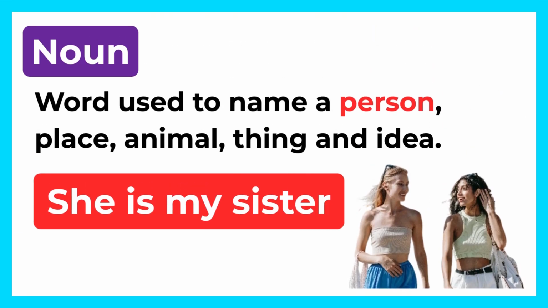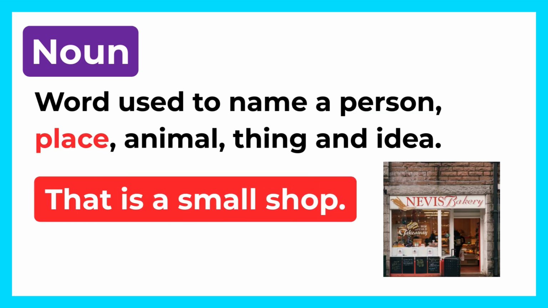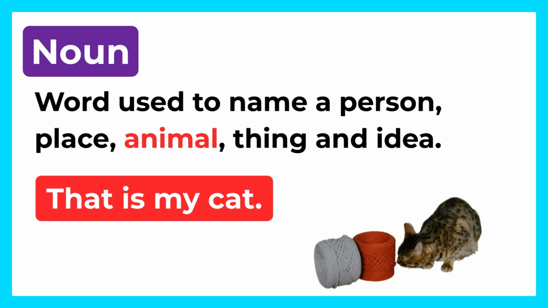Now, let's look at some examples of nouns in sentences. She is my sister. The noun in this sentence is sister because it's the name used to refer to a person. That is a small shop. The noun in this sentence is shop because it's the name used to refer to a place.